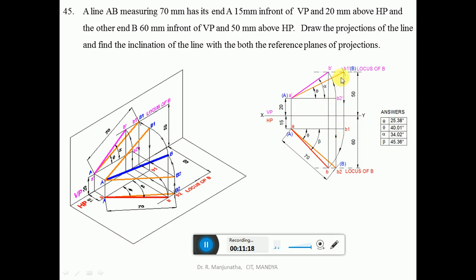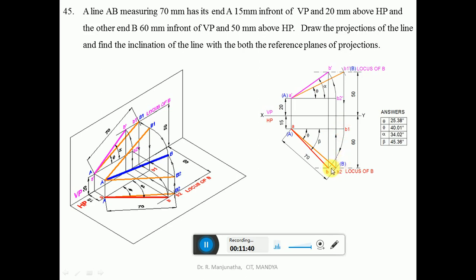So then draw a vertical projector from B1 dash to the top view such that A is in front of VP by 15 and B1 should also be in front of VP by 15. Then AB1 is the line which is the top view of A dash B1 dash. So AB1 is the apparent length. Now we need to find out the inclination of this.